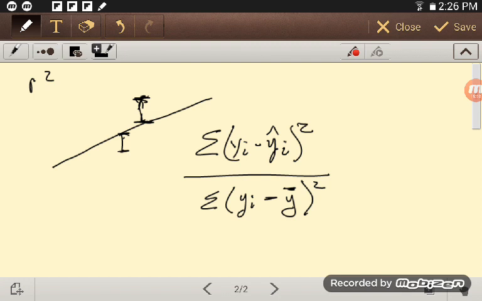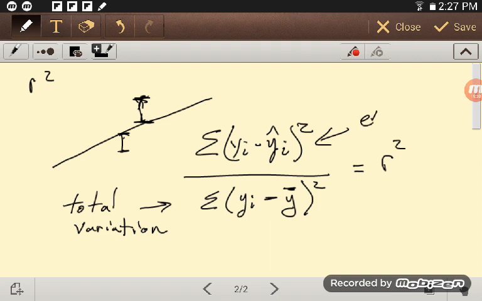If we look at that ratio, that is our r squared. And so what we're looking at here is, of this total variation, how much is explained by the model.